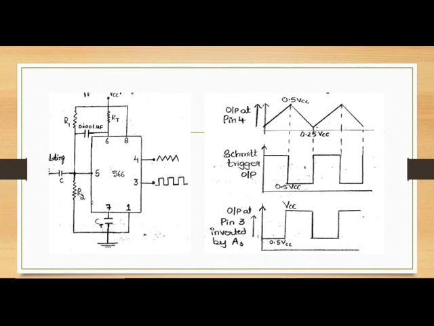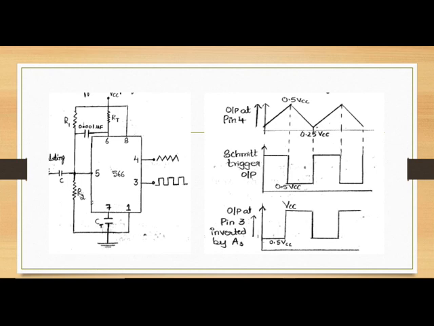When the voltage on the capacitor CT exceeds 0.5 VCC during charging, the output of the Schmitt trigger goes low, that is 0.5 VCC. Now the capacitor will start to discharge. When the capacitor discharges to 0.25 VCC, the output of the Schmitt trigger goes high.